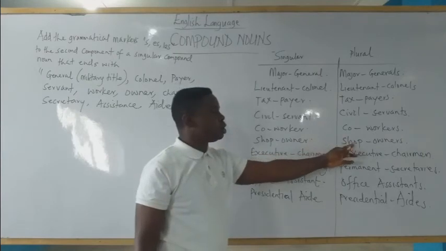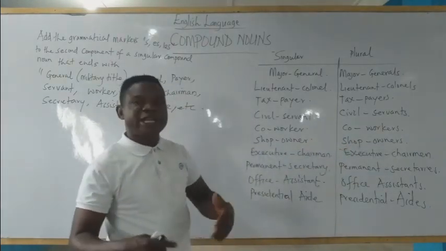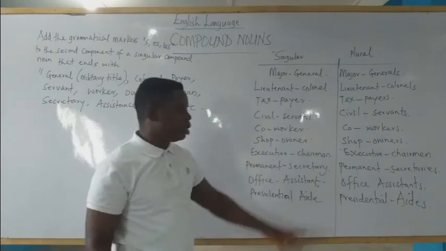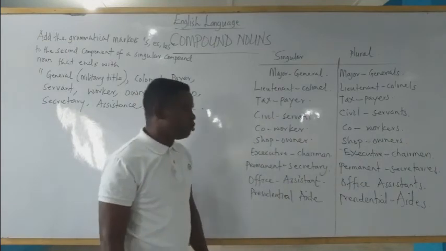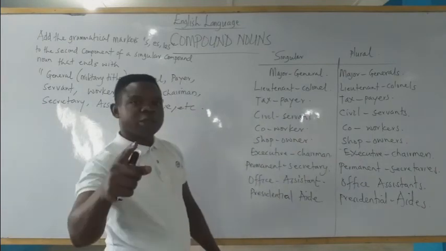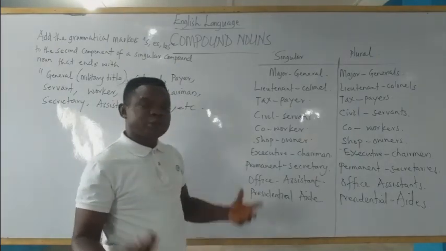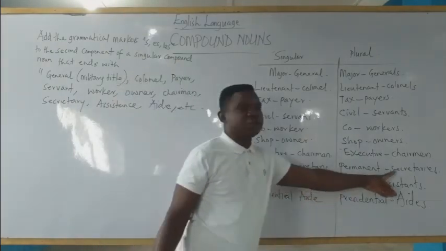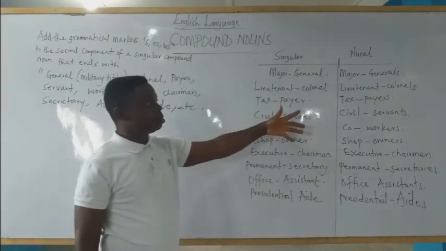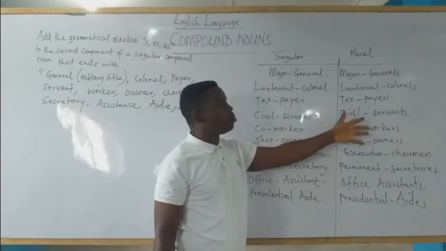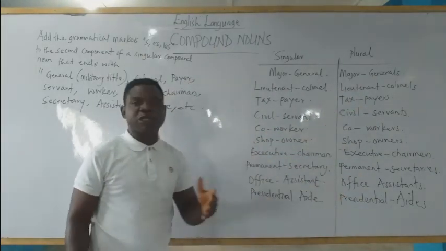These are the shop owners. The meeting was organized by the executive chairmen of different local governments. The federal government has appointed some permanent secretaries. So these are plural compound noun word formations from the existing singular form as the second step.